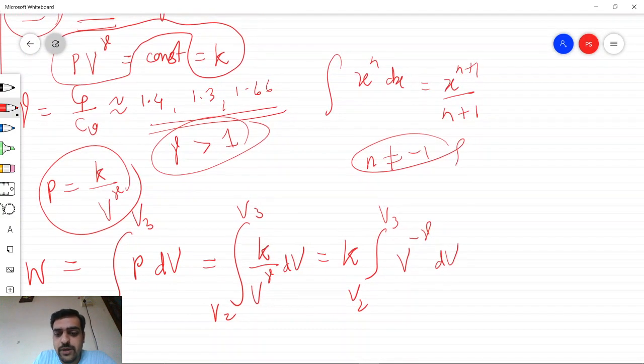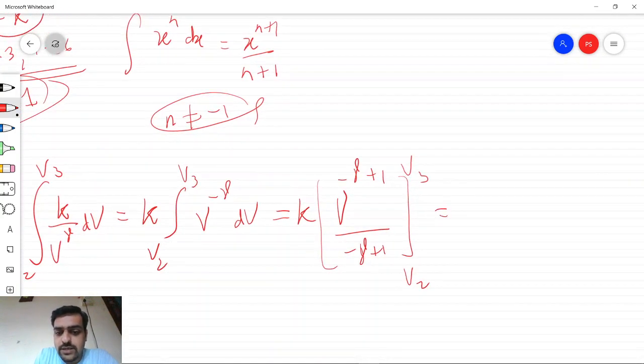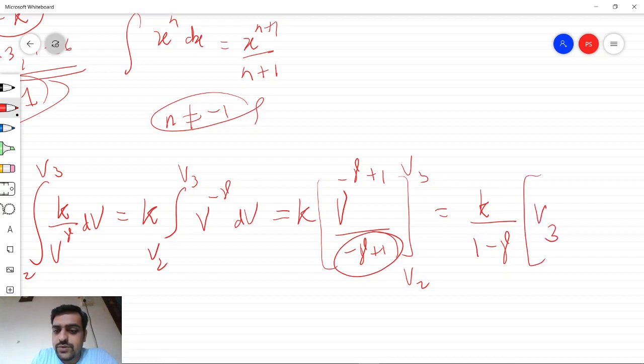So if we apply this formula here, we get K times V raised to minus gamma plus 1 upon minus gamma plus 1 with the limits V2 to V3. Now this is just K upon 1 minus gamma. So this minus gamma plus 1 can be written as 1 minus gamma, into V3 raised to 1 minus gamma. So V is replaced by V3, minus the lower limit V2 raised to 1 minus gamma.